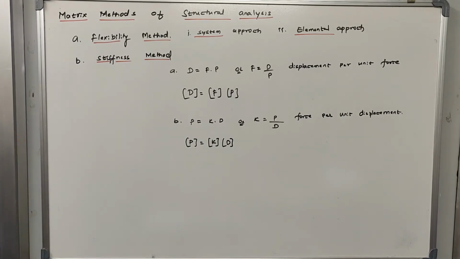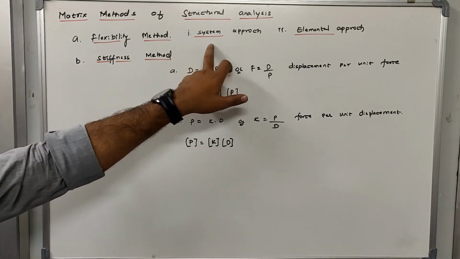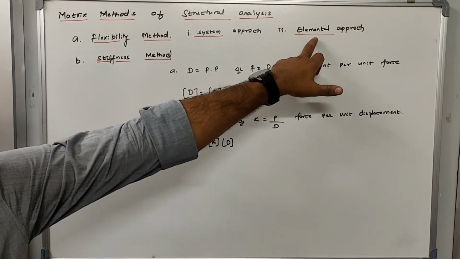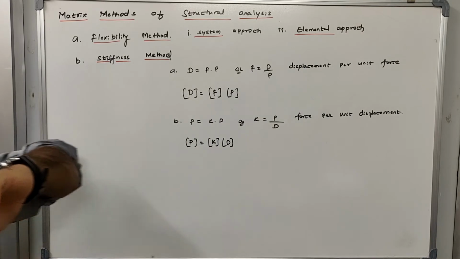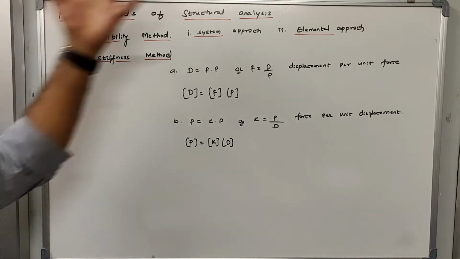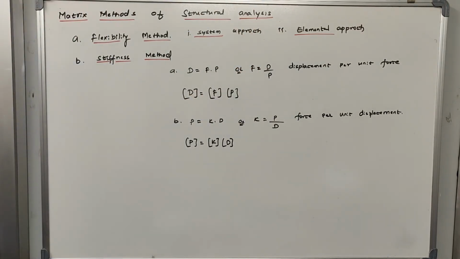So in this semester we are going to discuss the system approach. In the next semester, if you choose it as an elective, you will study the elemental approach. It is left to you. If you want to study the matrix method of structural analysis with the elemental approach, you can choose that elective subject, so that you will get an insight into how structural analysis is done using the matrix method.